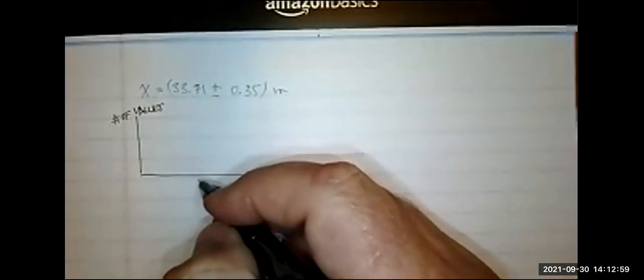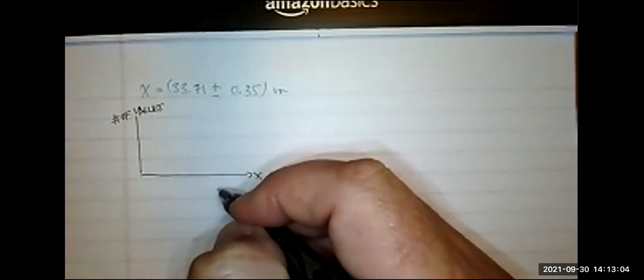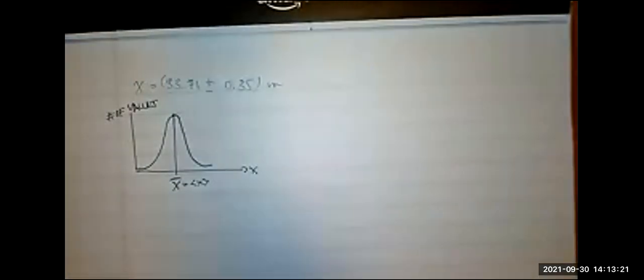So in other words, you break it up into 33.1 to 33.19, 33.2 to 33.29, and you'd get a graph that ideally would be like a bell curve, which we call a Gaussian distribution. And the middle of that really is what we call X bar, or X in brackets. And that just means the mean, right?